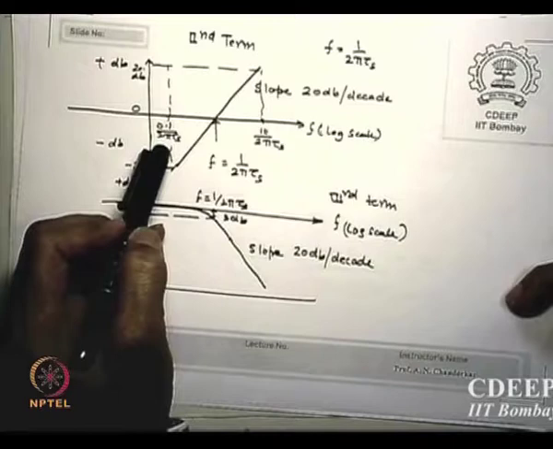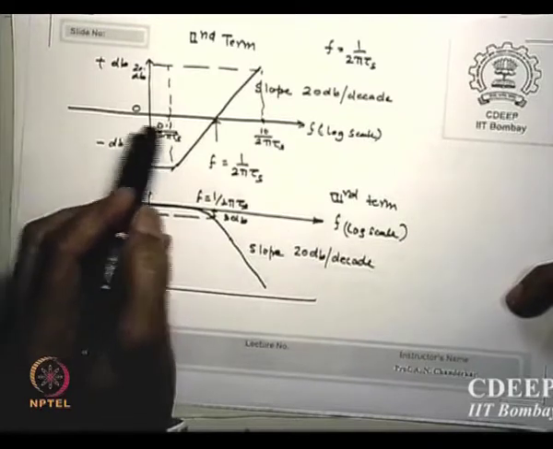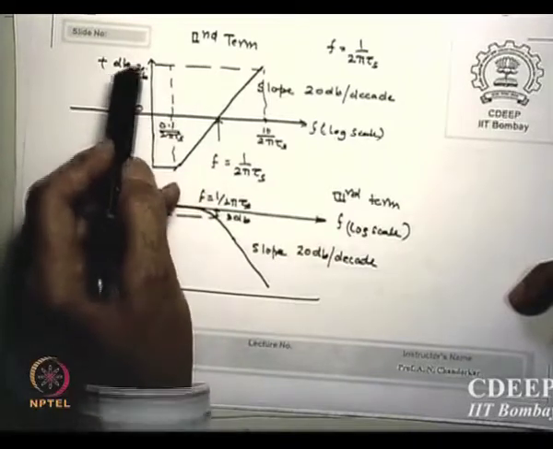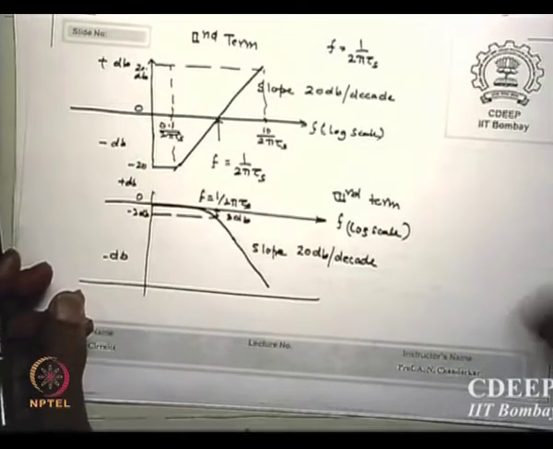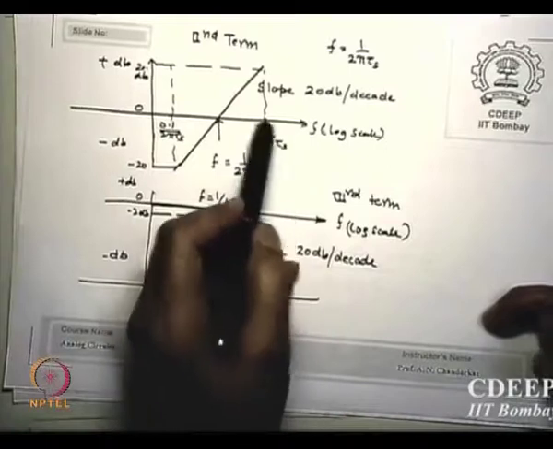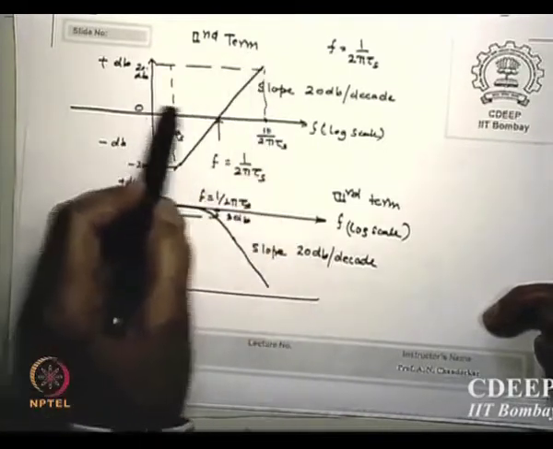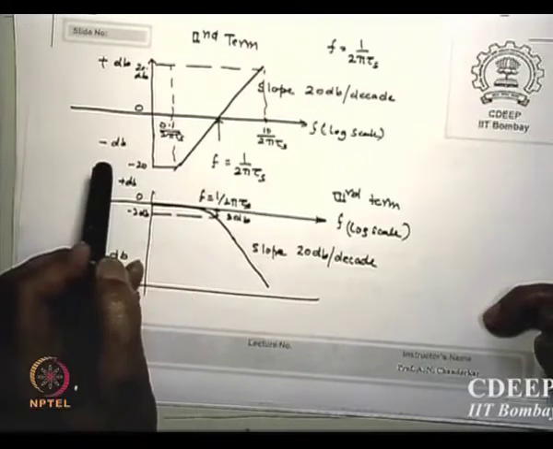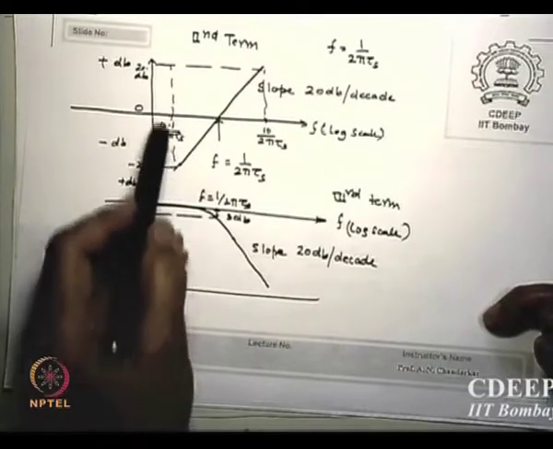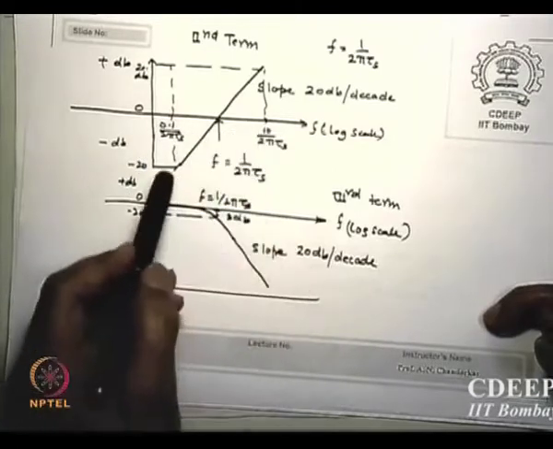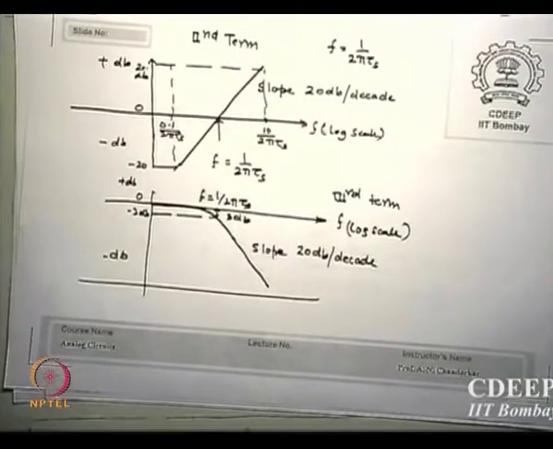So log 10 is 1, so minus 20 dB will occur at 1/10 of this frequency, and plus 20 dB will occur at 10 times the frequency. At 10 times this frequency you are at 20 dB, at 10 times less it is minus 20 dB. So if you go from 1/10 to 10, how much gain in dB have we increased? 40 dB.